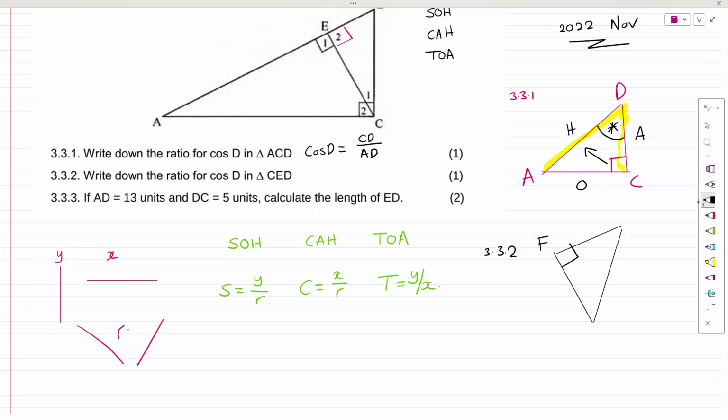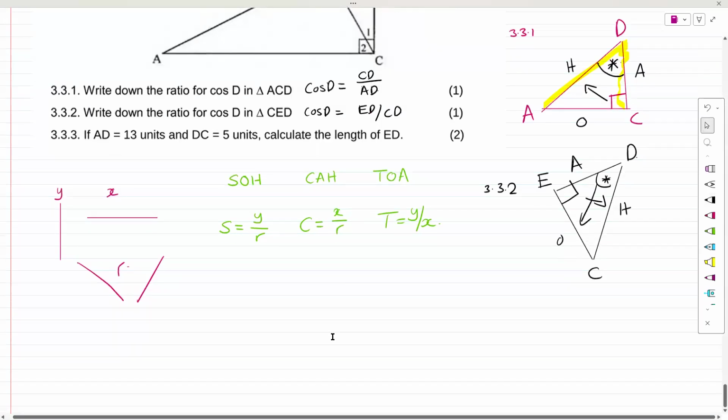That's E, that's C, and that's D. Now, they want cos D again. In terms of cos D, we got hypotenuse, opposite, and adjacent. So here, cos D would be adjacent, which is ED, over hypotenuse, CD.